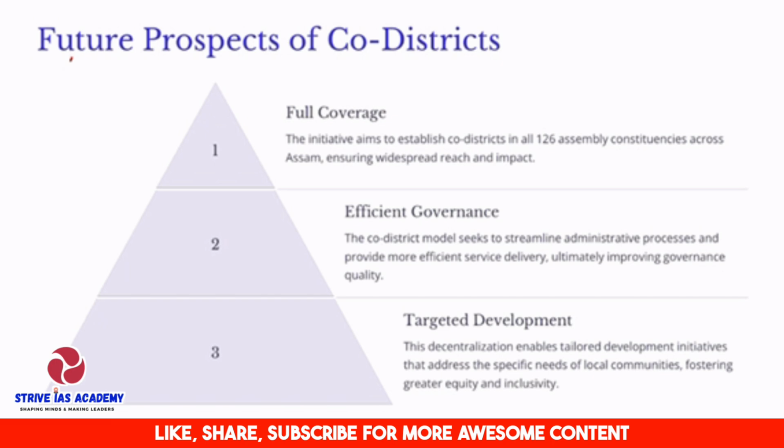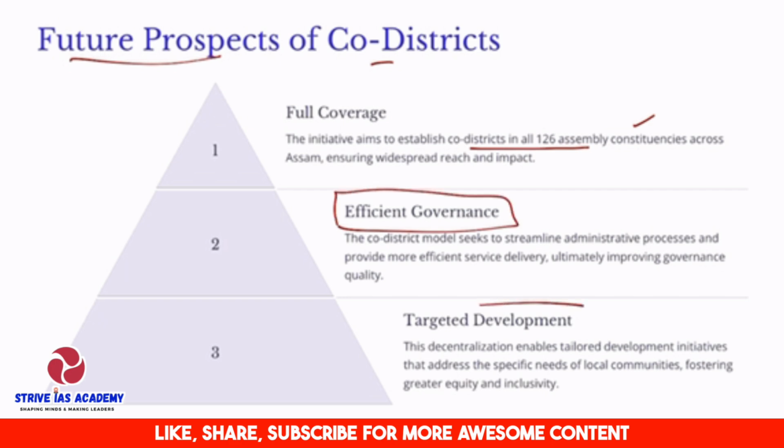Now, what are the future prospects of this co-district model? It will be full coverage. The initiative aims to establish coordination across all the 126 assembly constituencies. It will be good for efficient governance. It will be like targeted development. The co-district commissioner, CDC, will be implementing the development projects of the co-district.